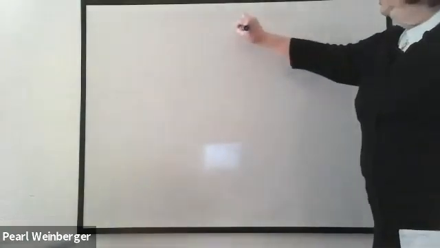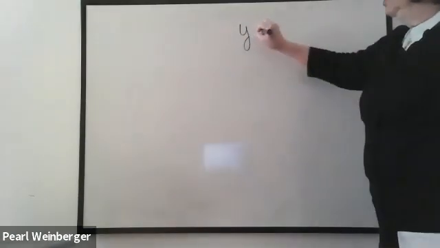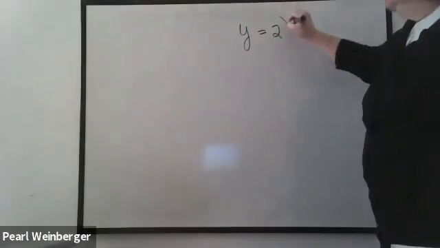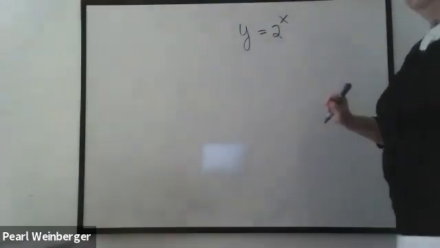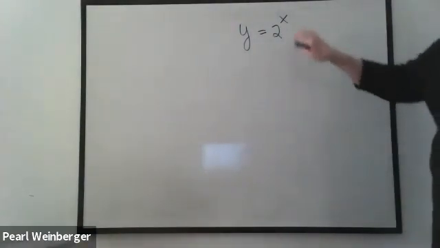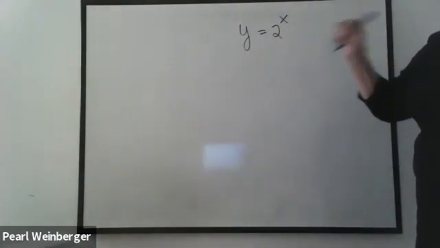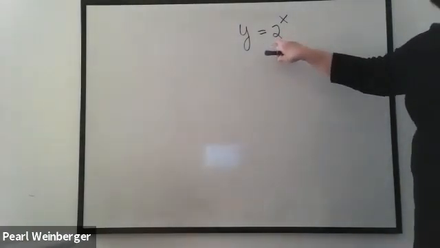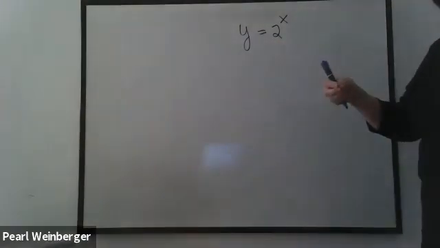Probably one of the simplest types of exponential functions is something that looks like this: y equals 2 to the x. Let me just reiterate what we had said the last time. 2 is the base.